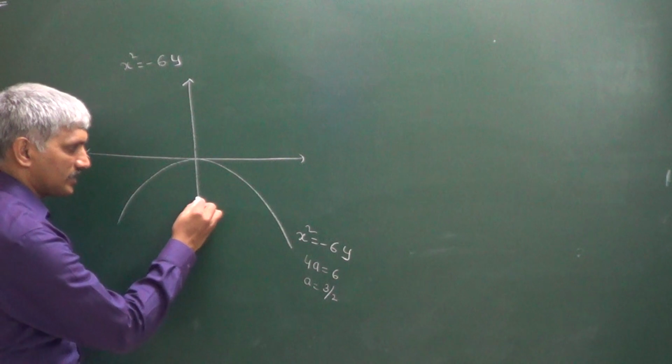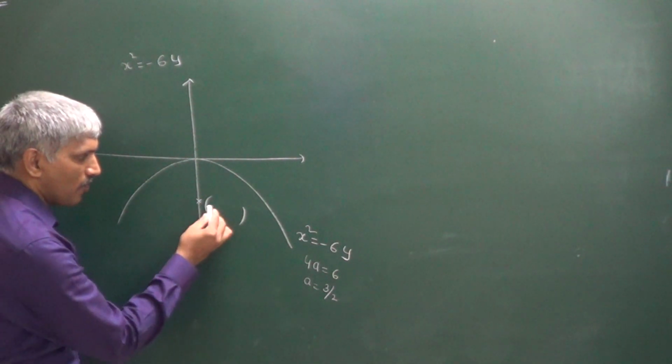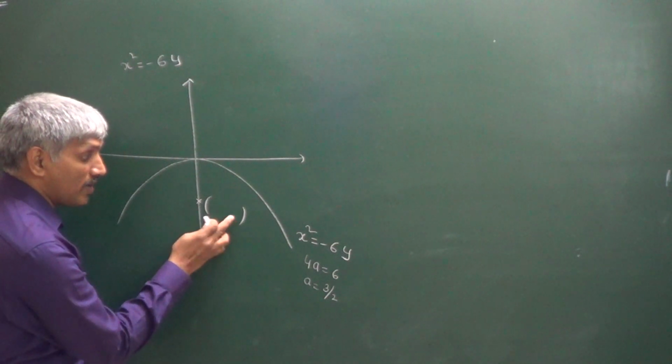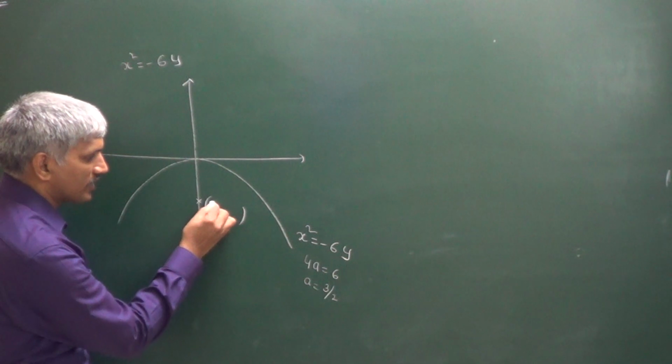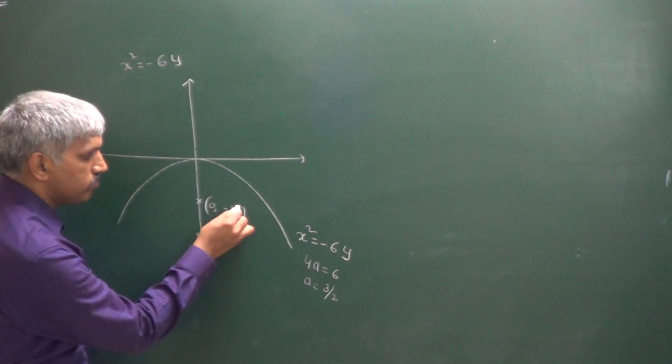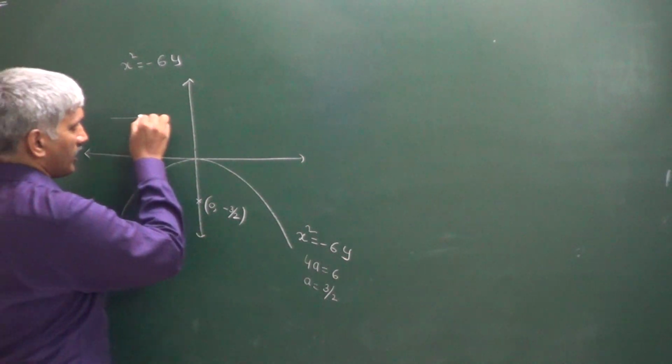That means this is the focus. This is the negative side of the y-axis, so the point is in the form 0 comma minus a. That's why you will get the focus as 0 comma minus 3 by 2. You will get the directrix here.